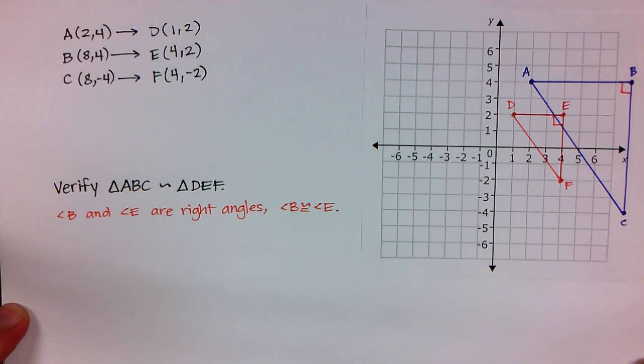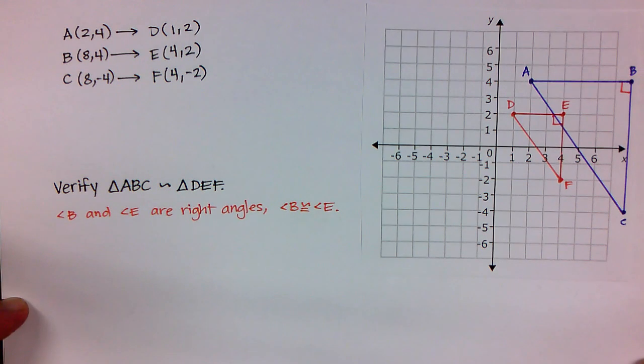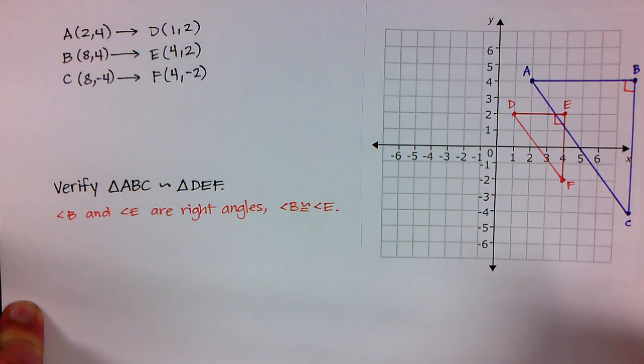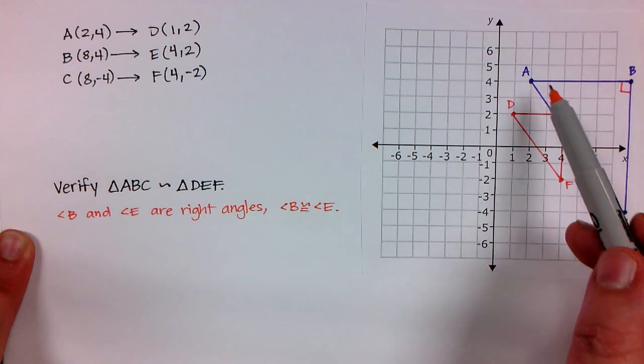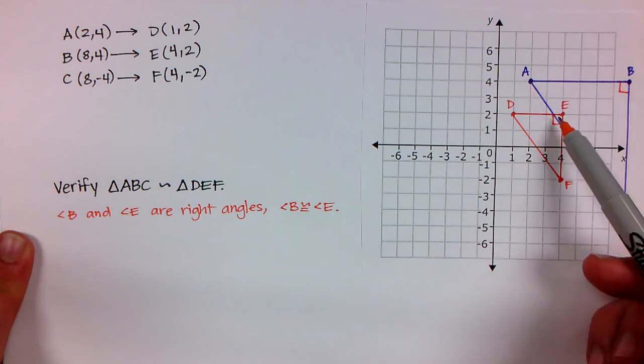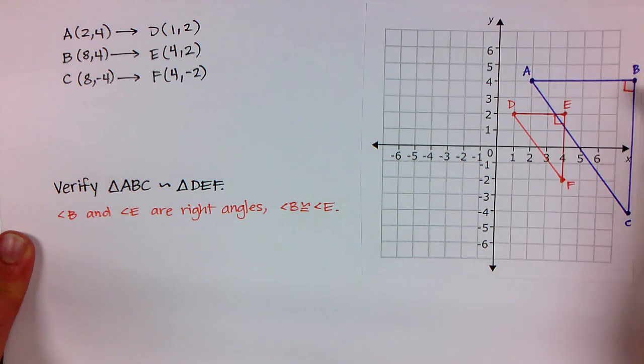So I can either try to prove AA or SAS. And I don't know anything about any of the other angles in these triangles. So why don't I look at the proportion of relating one side to another and see if they're equivalent.